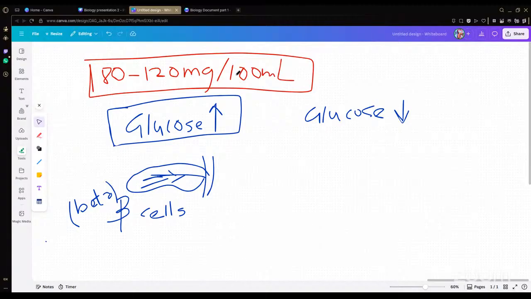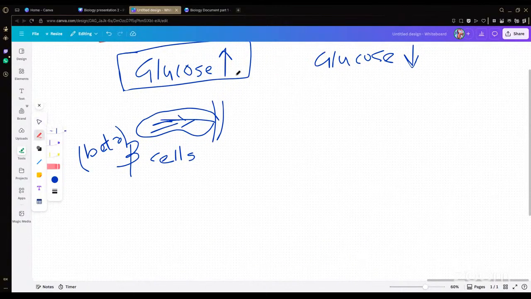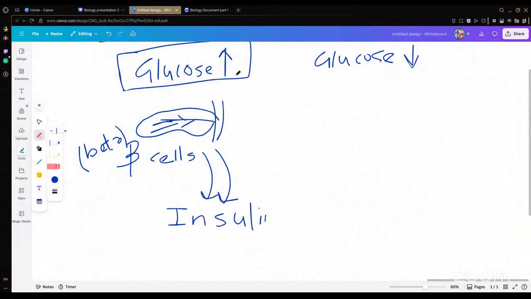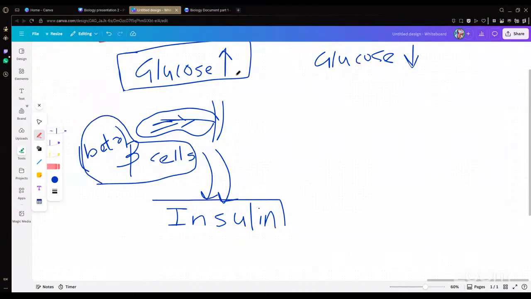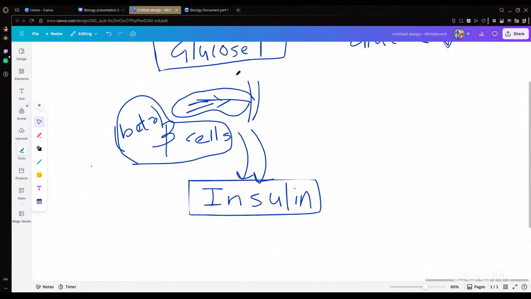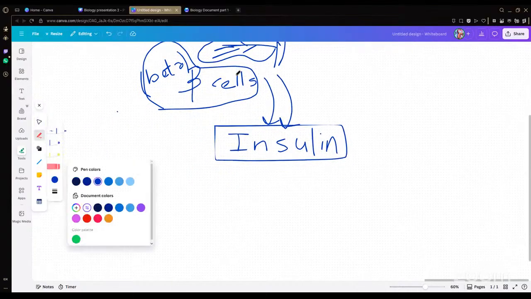These beta cells secrete the insulin hormone. When your blood glucose level is high, the islets of Langerhans, which have beta cells, secrete the insulin hormone. This insulin hormone is going to do two things.